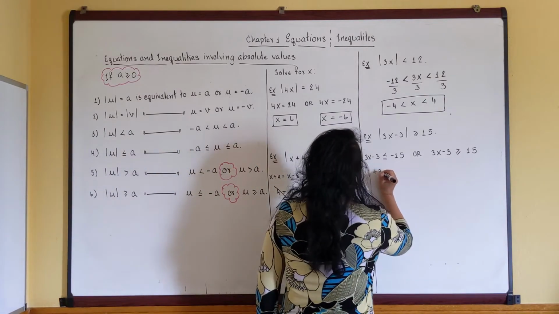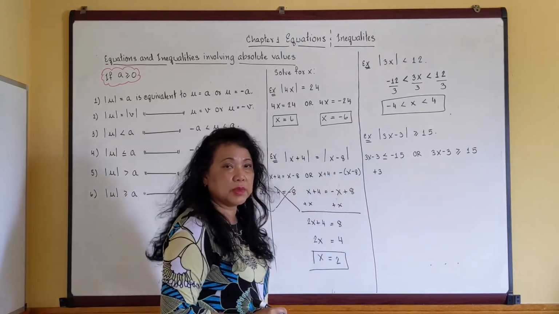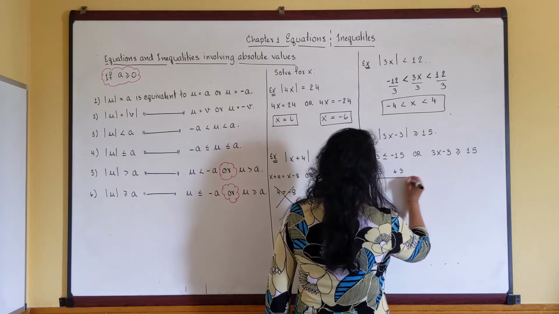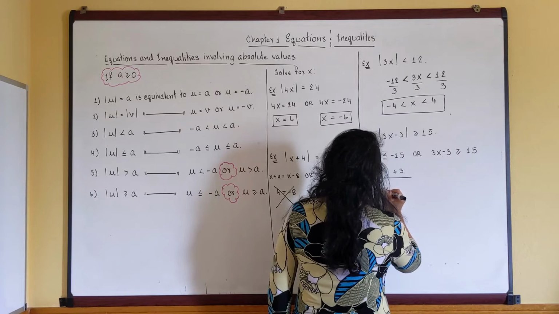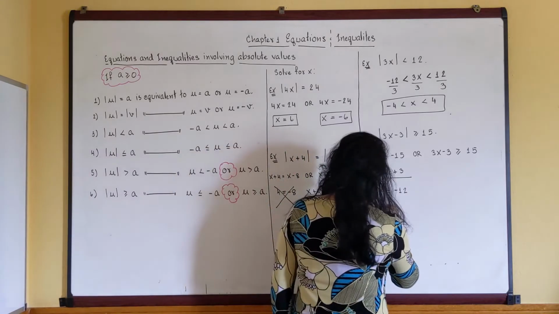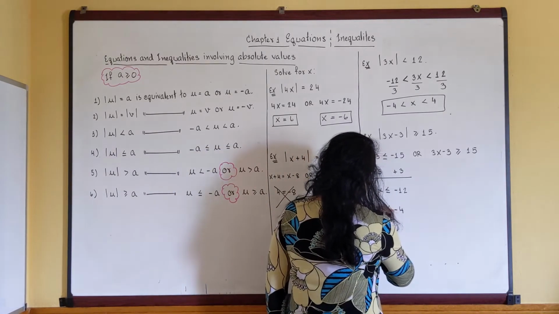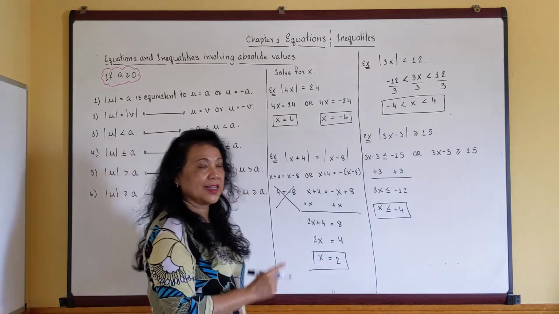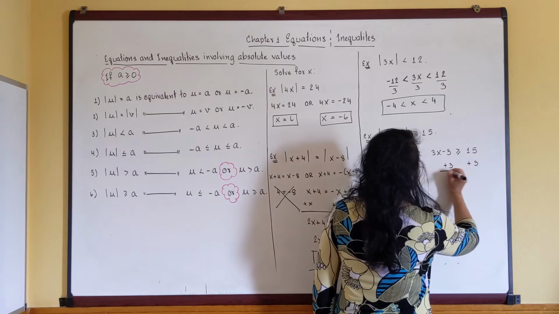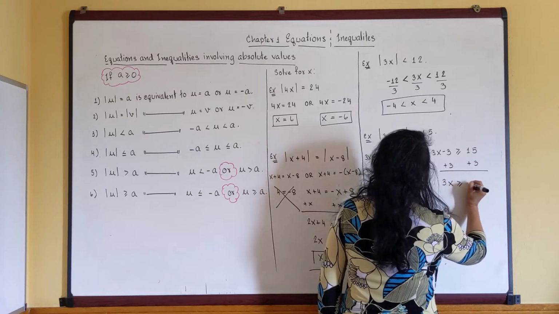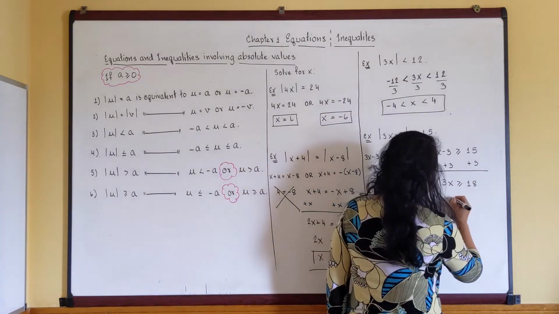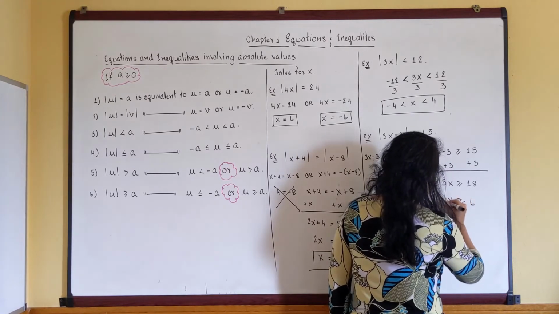We solved compound inequalities before in the previous section. Add 3 to both sides. So 3x less than or equal to negative 12. Divide both sides by 3. So x less than or equal to negative 4. That's one solution. Let's look at the other one. I'm going to add 3. So 3x greater than or equal to 18. Divide both sides by 3. So x greater than or equal to 6.